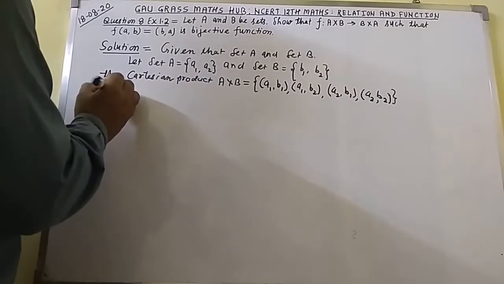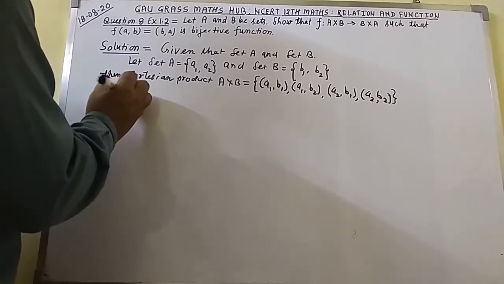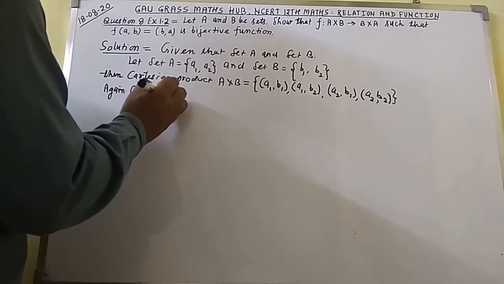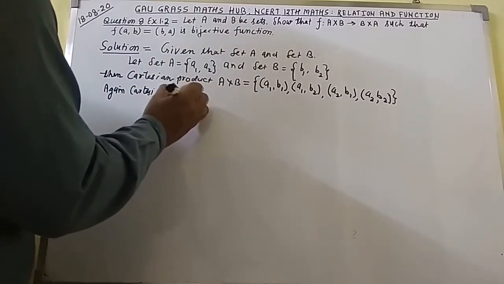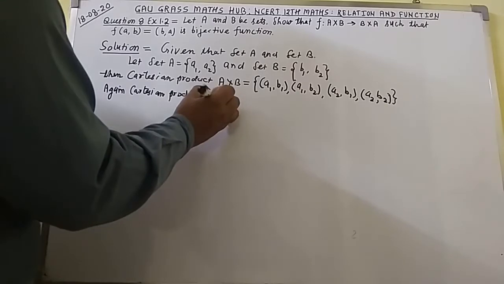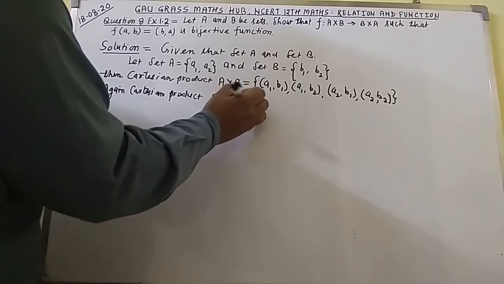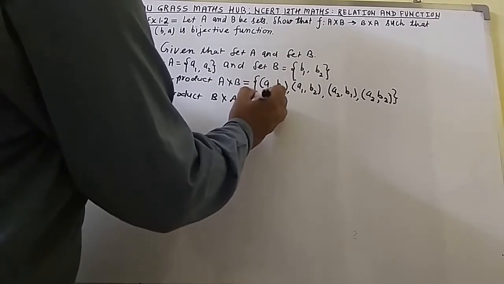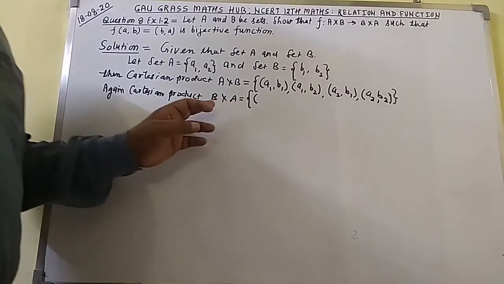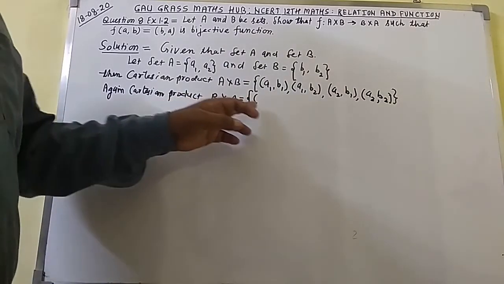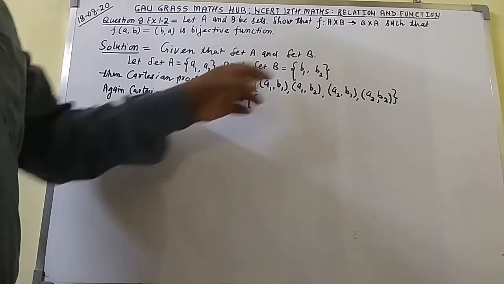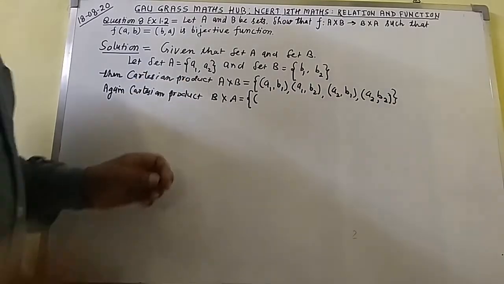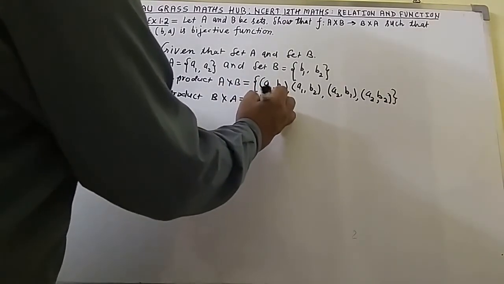Now again, the Cartesian product B cross A. Let us see what happens. In an ordered pair, the first element will be taken from set B, because here B has come at the first place. So here I shall write B1.